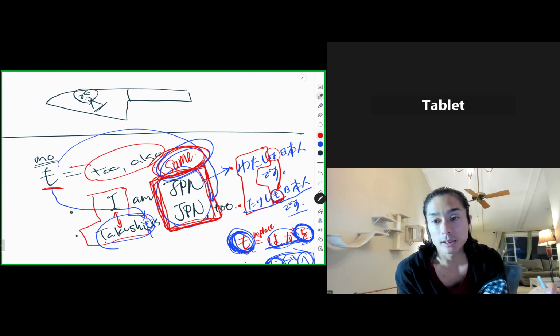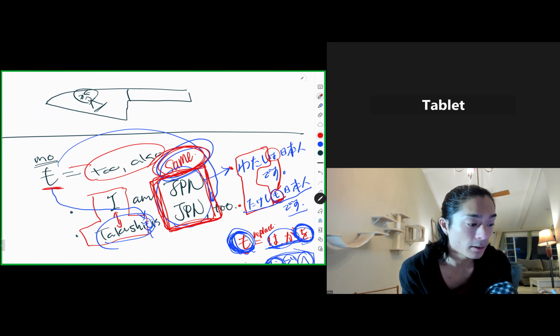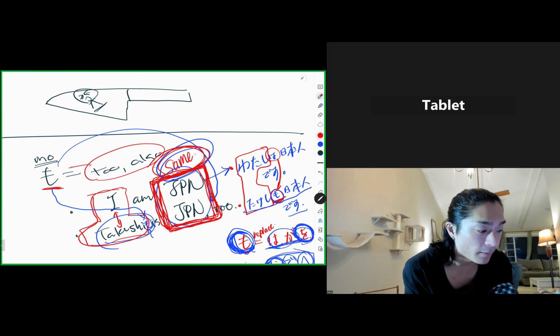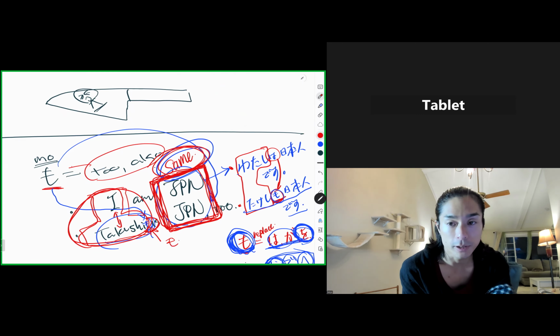I mean, it can be in one sentence if you connect them with conjunctions. When there's same information as well as contrasting information, and then after the contrasting information is where we put mo, right? That's what we learned, right?